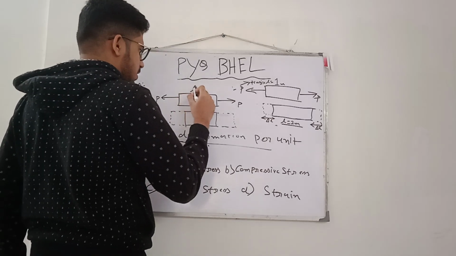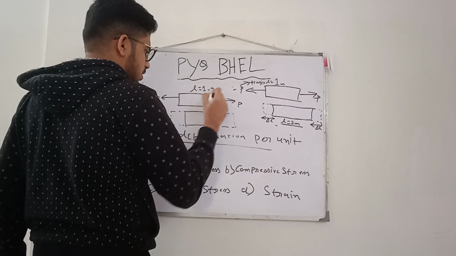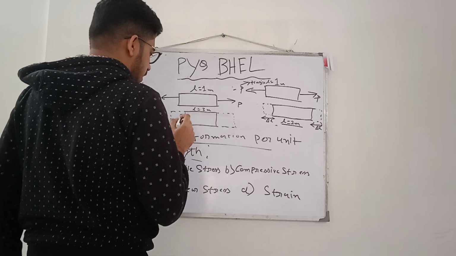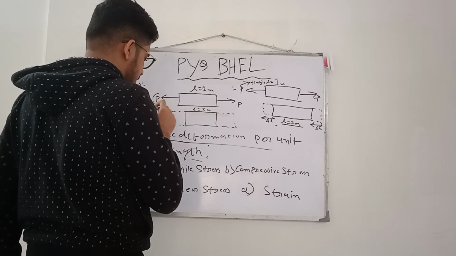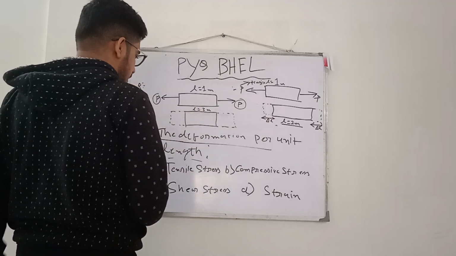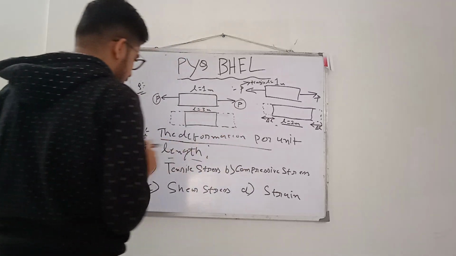Suppose this is 1 meter and this is 3 meter. It deformed due to this force. Here the force we denote with P, meaning some kind of pressure is applied.